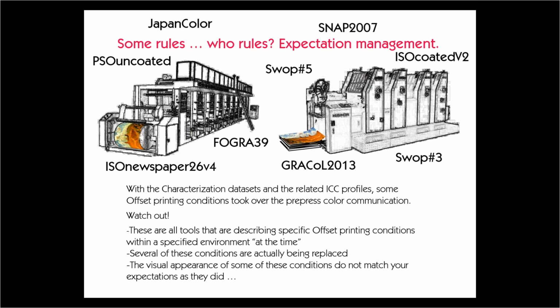This new set of characterization data actually describes the same printing condition, but why did we have to get new characterization data then? Because the standard for the viewing condition changed and the standard for our color measurement changed.